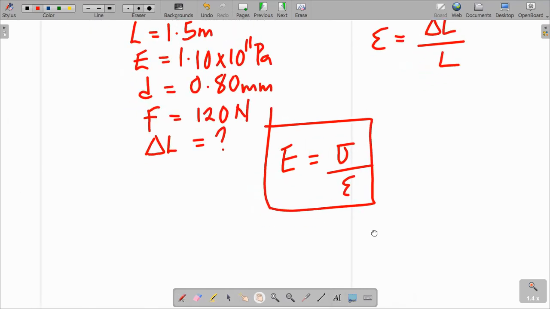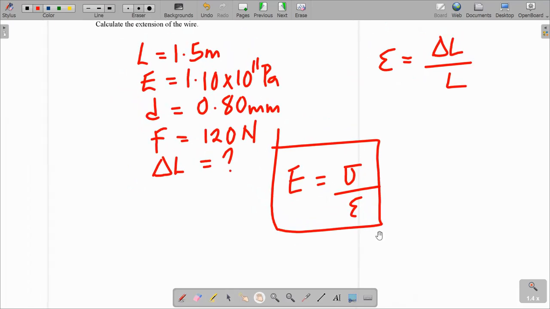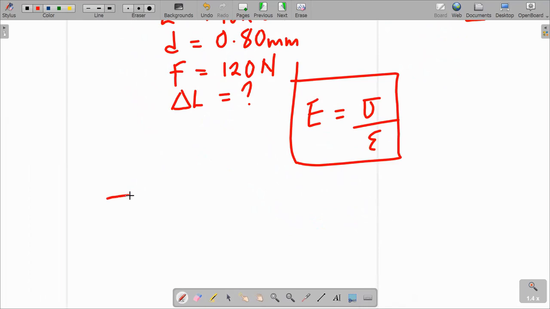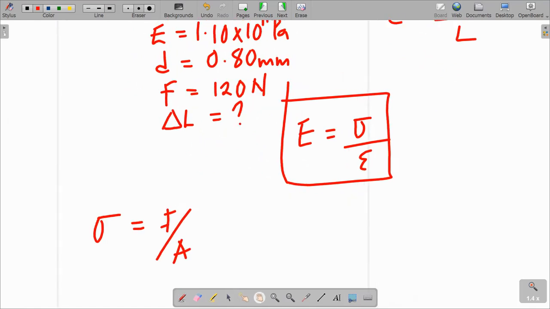So we input into this equation, but before we input, let's solve for the stress. The stress is equal to the force divided by the area. But now we don't know the area. The area is equal to pi r squared, or we can say pi d squared divided by 4. So the diameter was given as 0.8 millimeter.